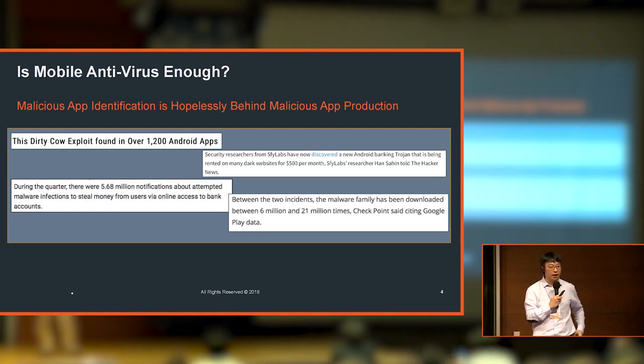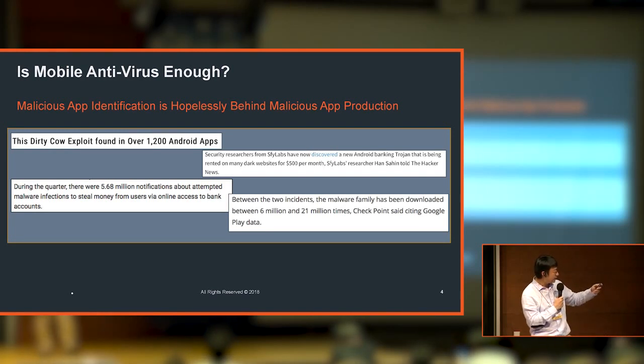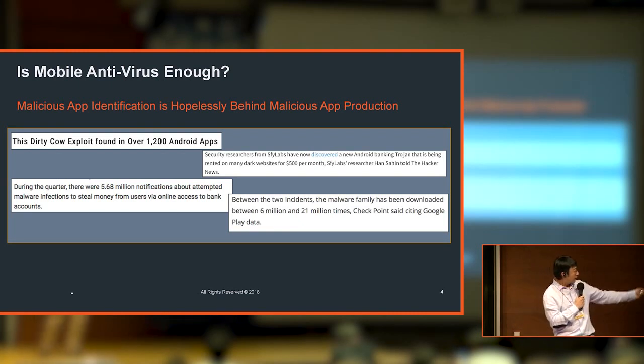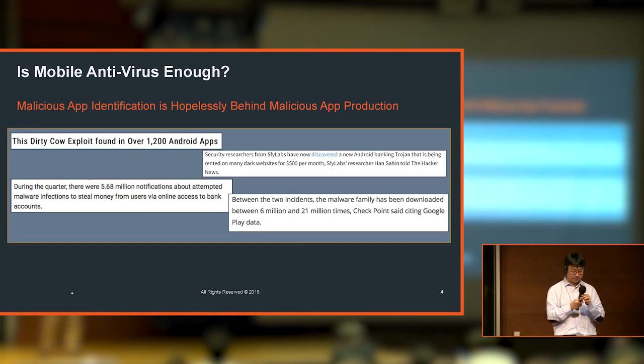So it's not secure after all. We are also seeing the same type of malware for banking, stealing money, being downloaded 6 to 21 million times. So the signature approach really is not enough.